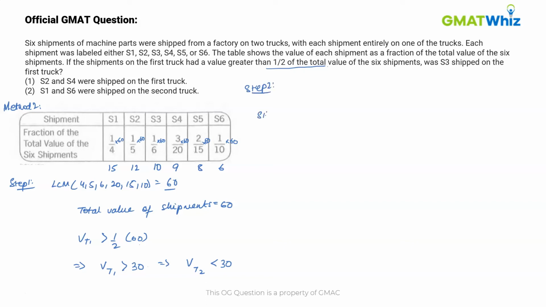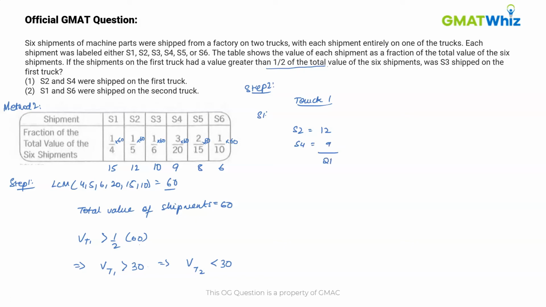So keeping these two in mind, we move on to step 2 and analyze statement 1. Now statement 1 tells us that S2 and S4 were shipped on the first truck. So from statement 1 we have the information about truck 1. Now the value of S2 is equal to 12 and the value of S4 is equal to 9. This adds up to 21.